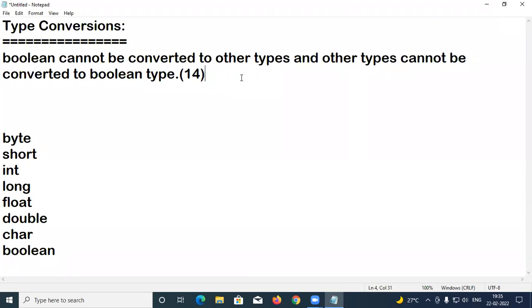So in type conversion, Boolean is not possible. Boolean is not involved. You'll get an error if Boolean is there.